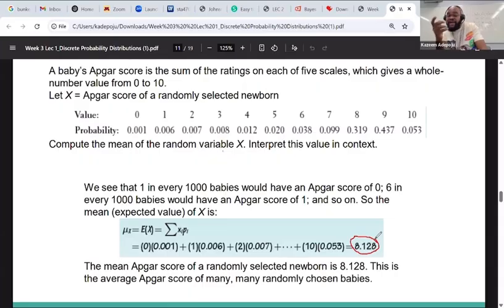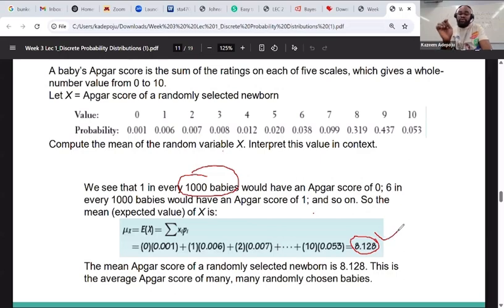We obtained this very average from the 1,000 babies that were born. There's a possibility that one of them could have an Apgar score greater than 8.128, and we could have some that have less than. And because of that, how can we trust this particular average?